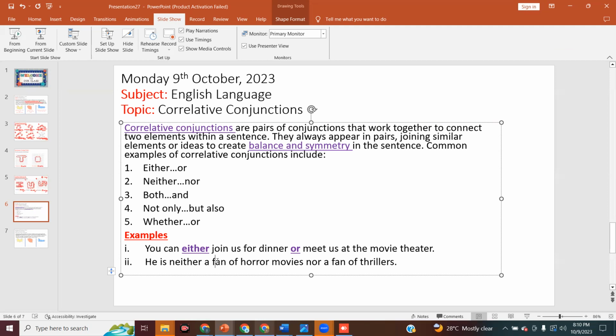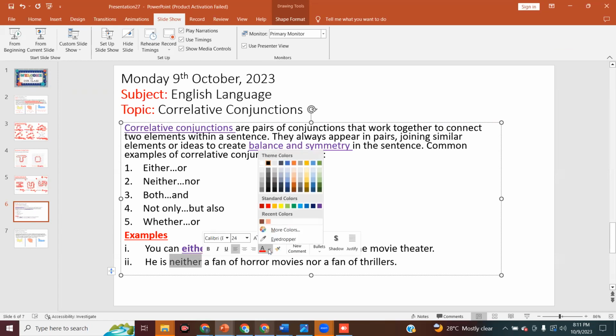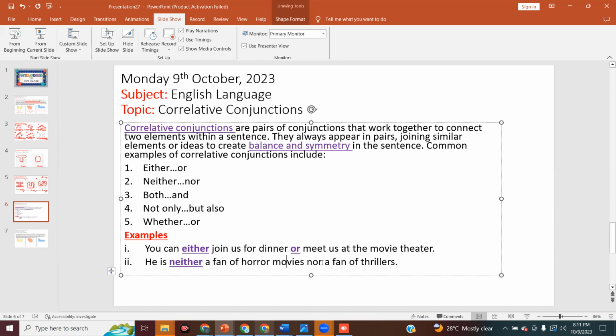So let's underline it. The correlative conjunctions are neither and nor. In this example, these two correlative conjunctions are used to emphasize exclusivity.